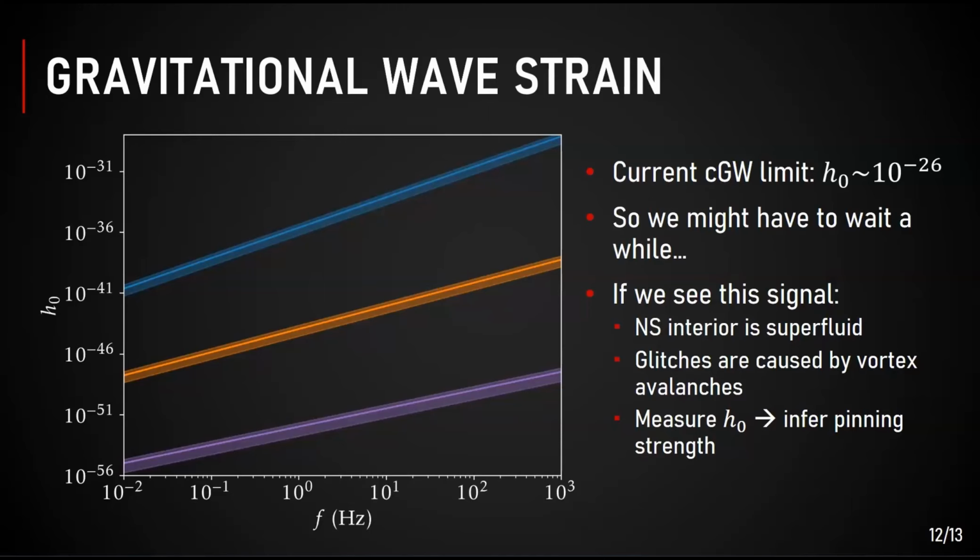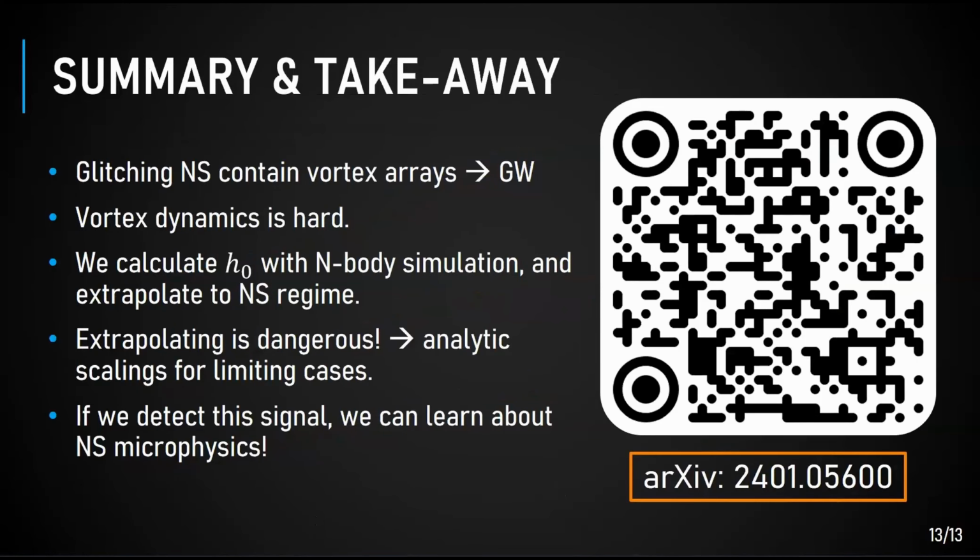We can say that the neutron star interior is fluid, and if we can measure how strong the signal is, we can sort of figure out where the vortices are, which will tell us more about the physics of neutron stars, which is very difficult to study in terrestrial experiments. And finally, I'm just going to leave this here. Yeah, that's about all of it. It was very quick.